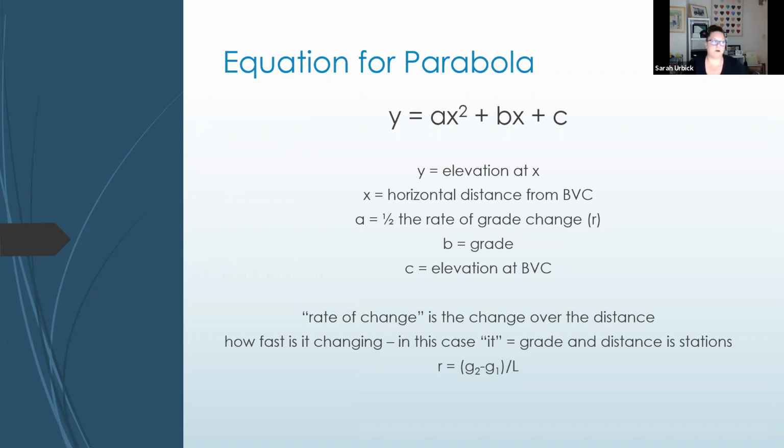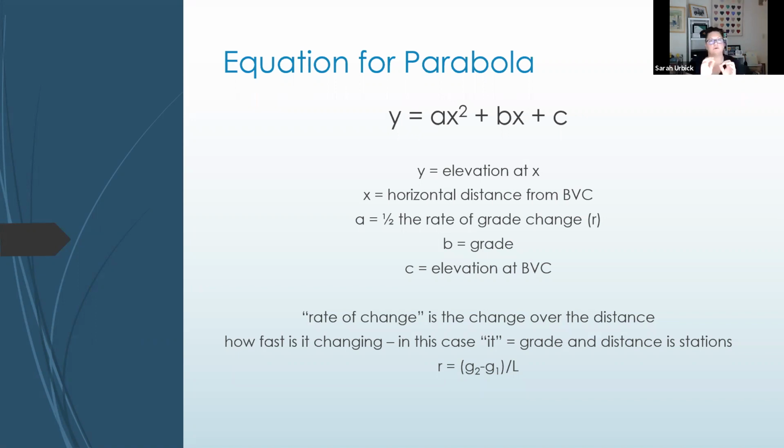So our parabolic equation, y represents our elevation at a distance x. Our x in terms of vertical curves is our distance from our point of vertical curvature. Where does our curve start? Okay, that's going to be our x value.